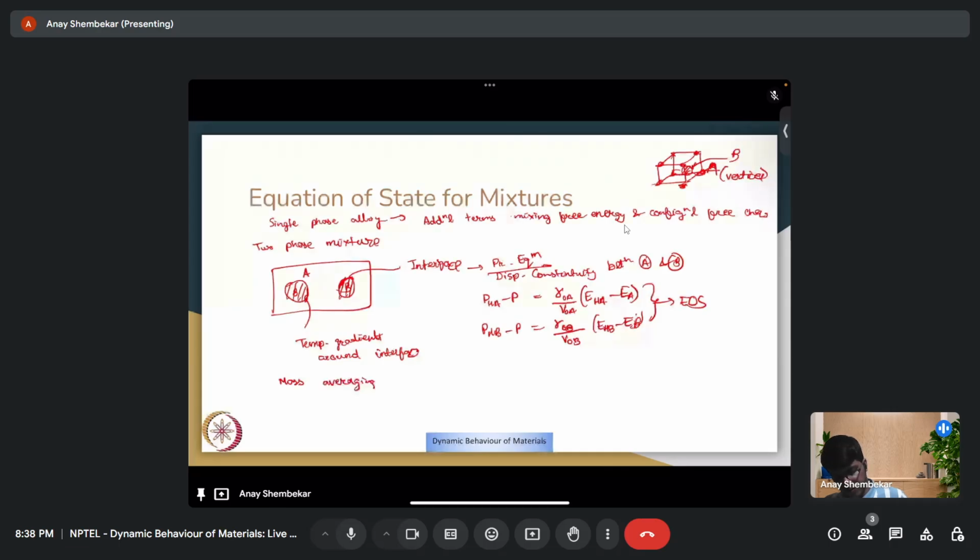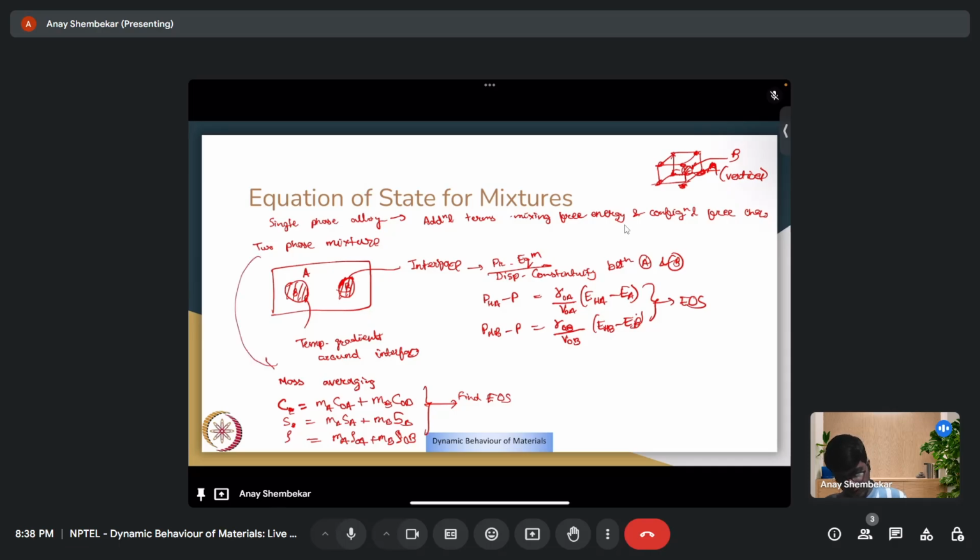So C naught is equal to MA C naught A plus MB C naught B. S is equal to MA SA plus MB SB, and rho is equal to MA rho naught A plus MB rho naught B. You use this to find the equation of state for the two phase mixture.